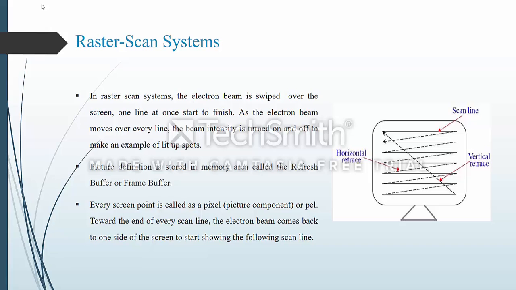Picture definition is stored in a memory area called the refresh buffer or frame buffer. Every screen point is called a pixel or a pel. Toward the end of every scan line, the electron beam returns to one side of the screen to start displaying the next scan line, which you can see in the picture on the right side of the slide.